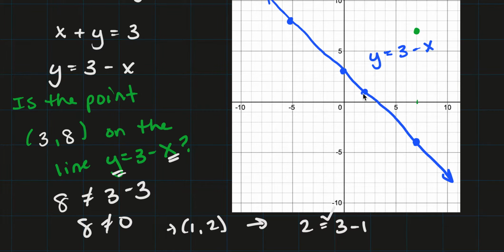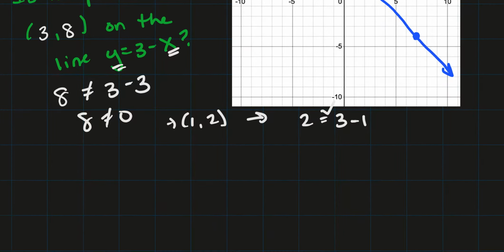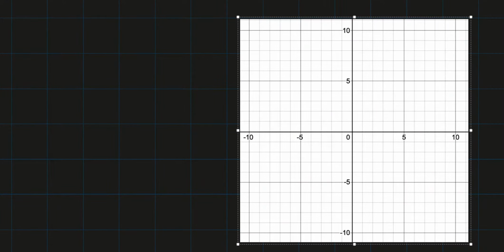Okay, let's try another graph. So I'm going to put my plane right here, and let's try to graph y plus x squared is equal to 4.